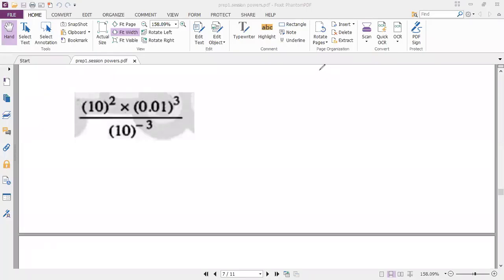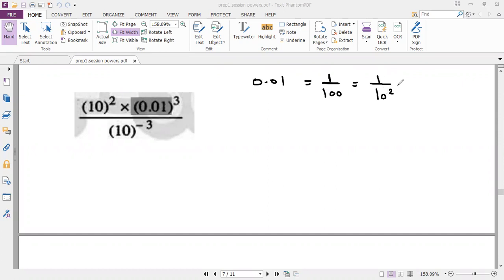Don't use the calculator and find the value of 10 to the power of 2 multiplied by 0.01 raised to the power of 3, all divided by 10 raised to the power of negative 3. What is the problem? The problem is having different bases. 0.01, you know, 0.01 is 1 over 100. And 1 over 100, we can write it as 1 over 10 to the power of 2.